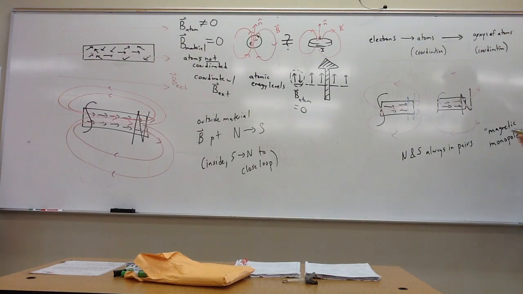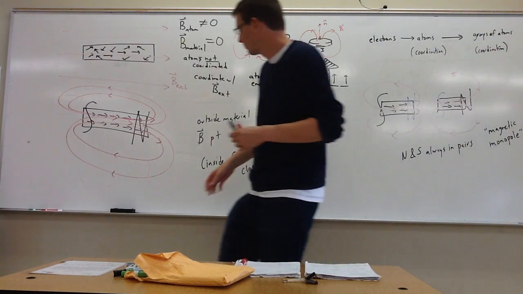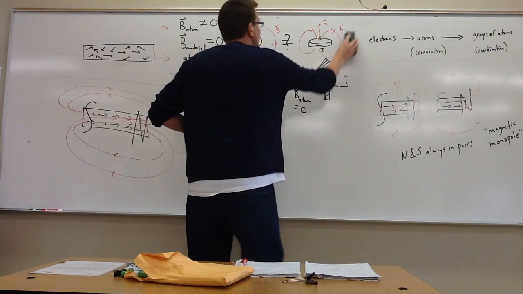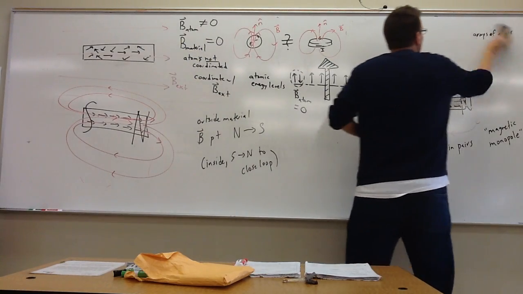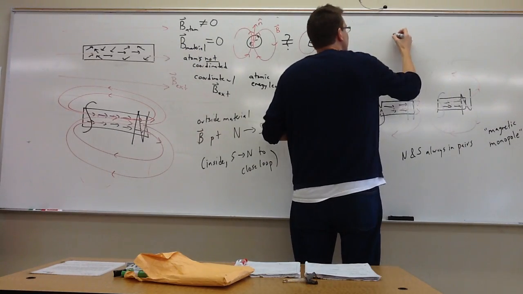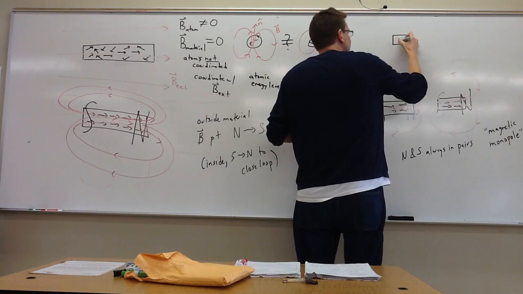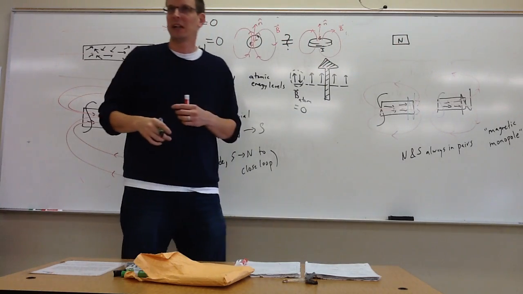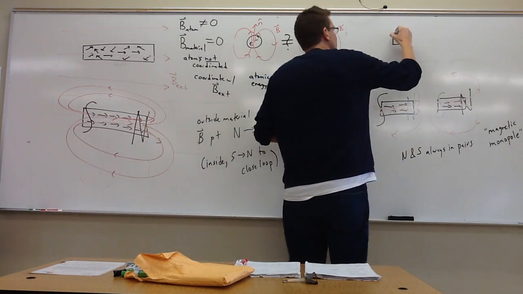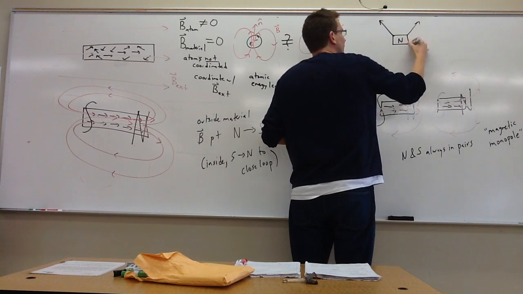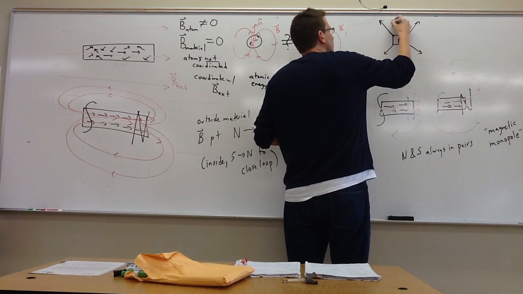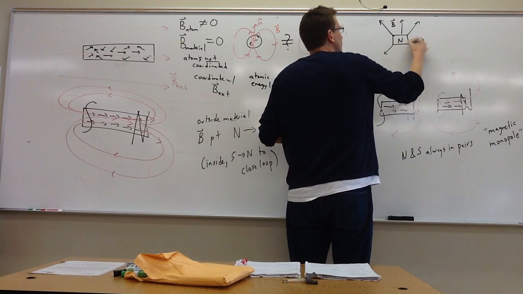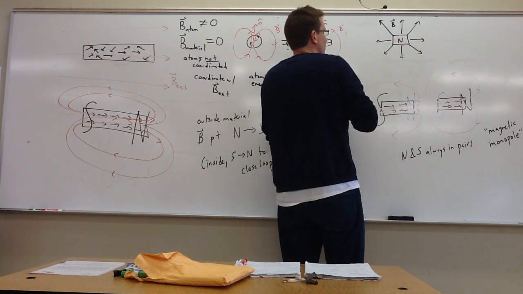So there is no such thing as this. There is no such thing as a single magnetic pole by itself where the magnetic field lines just start there and go outward. There is no such thing.